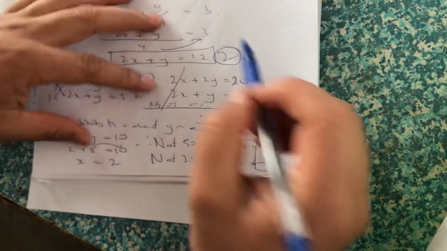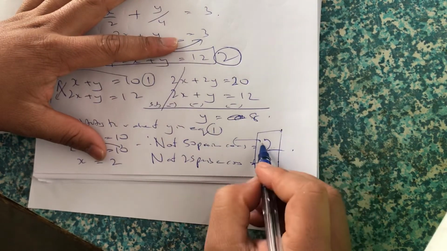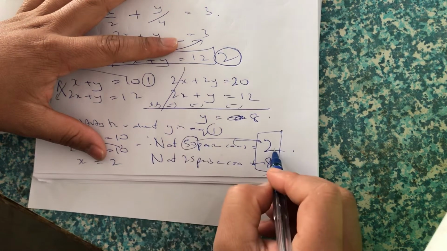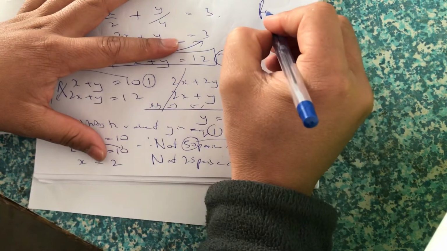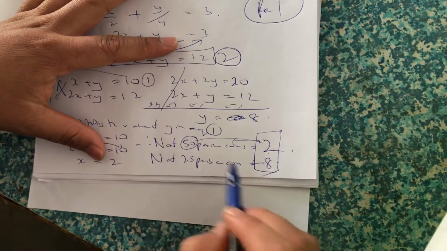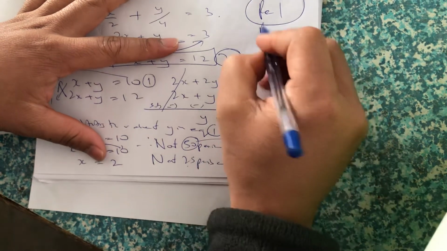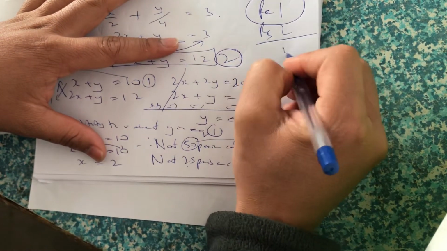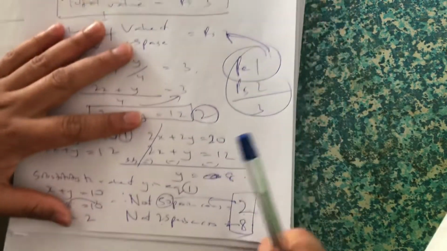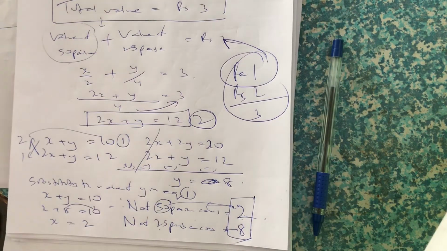That's why the total came out to be 3. If you want to check, 2 coins of 50 paise will give me rupee 1, and 8 coins of 25 paise will give me rupees 2, and the total is 3. Am I not getting a total of 3? That is how we solve questions based on coins.